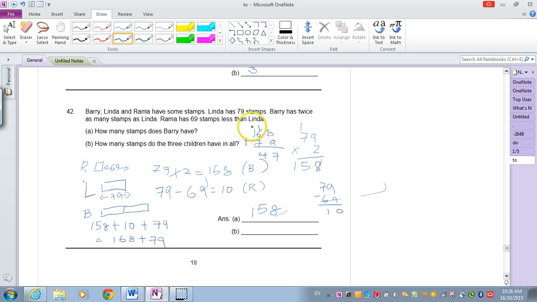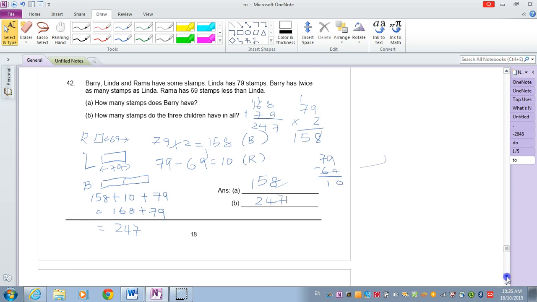I need to regroup again. So 1 plus 1 gives me 2. So that will give me 247. Okay, so the 3 children will have 247 stamps in all. Alright, now let's move on to question number 43.